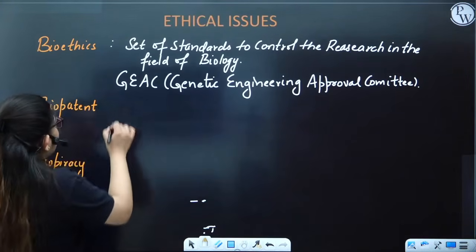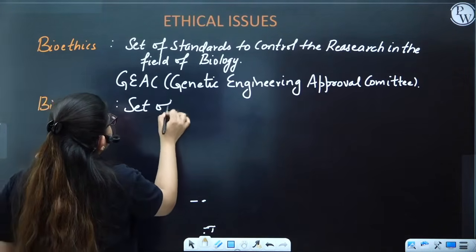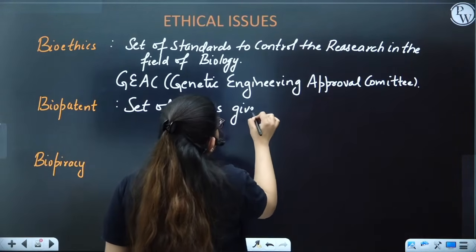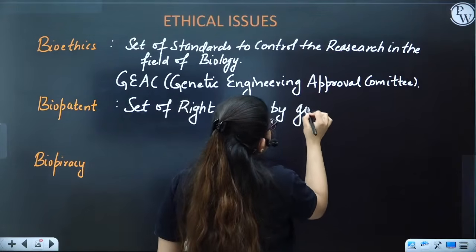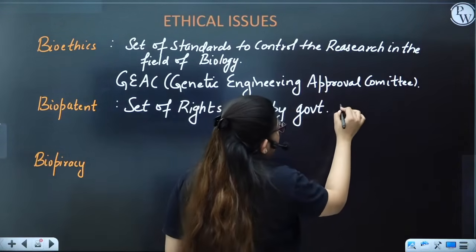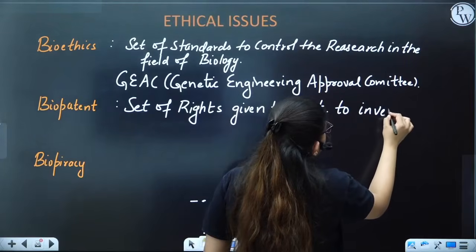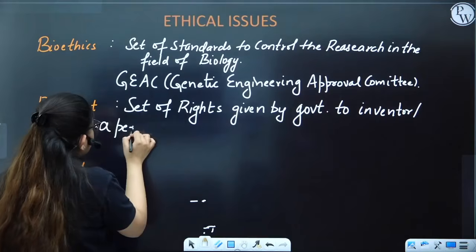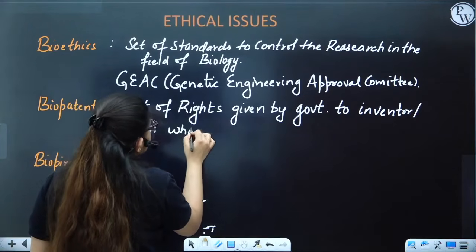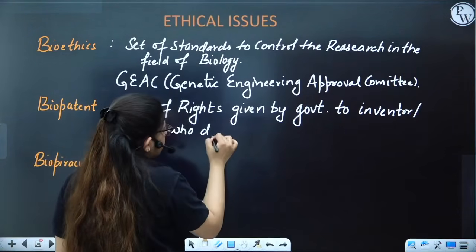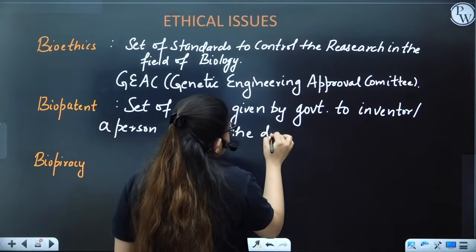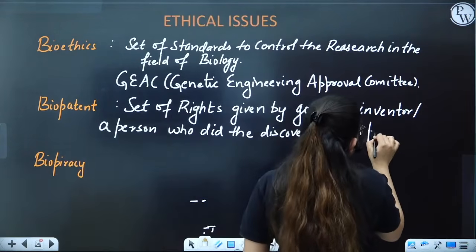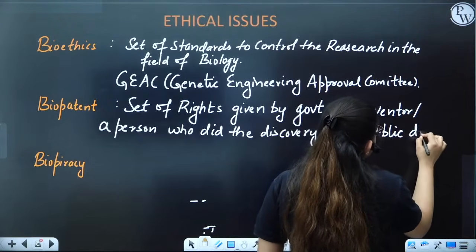Okay, so patents are a set of rights given by the government, it can be state government or central or national government, to an inventor or a person who did the research or who did the discovery, for public disclosure.